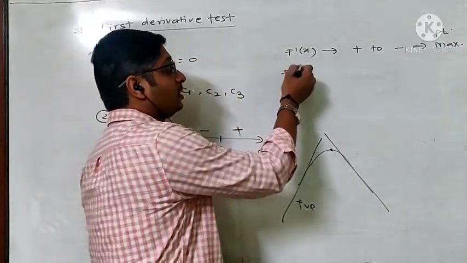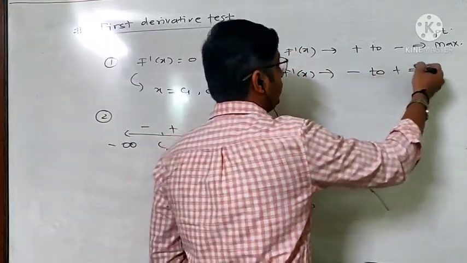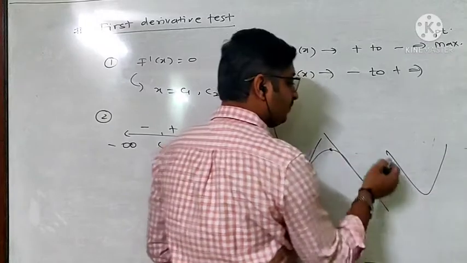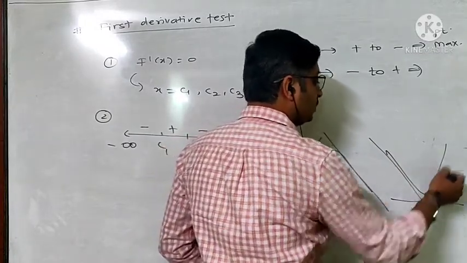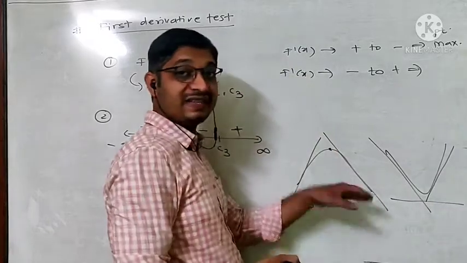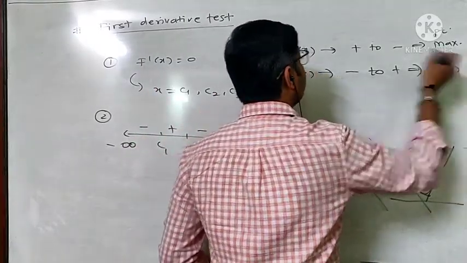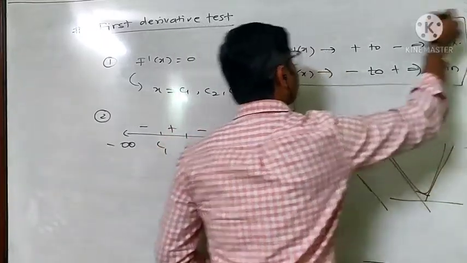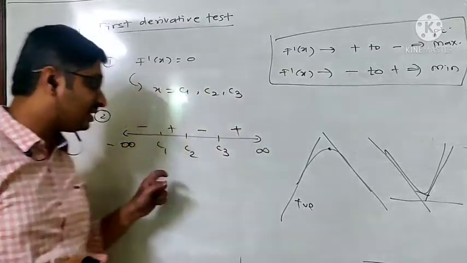And suppose f dash of x changes from negative to positive, it will be like this. That means the slope of the tangent is first negative, then positive, so it is giving me the minimum value. So we are going to implement these concepts from increasing decreasing here.